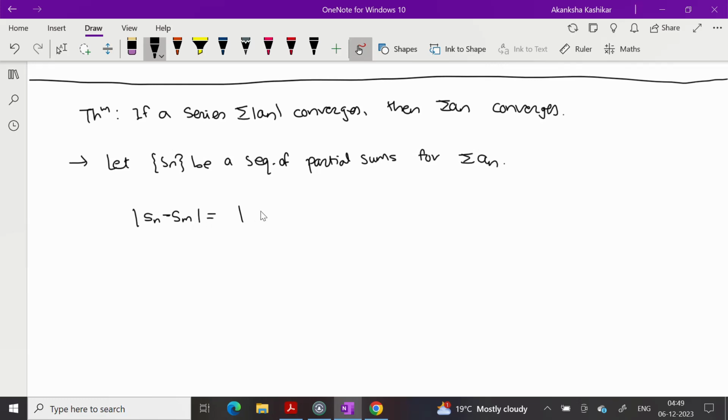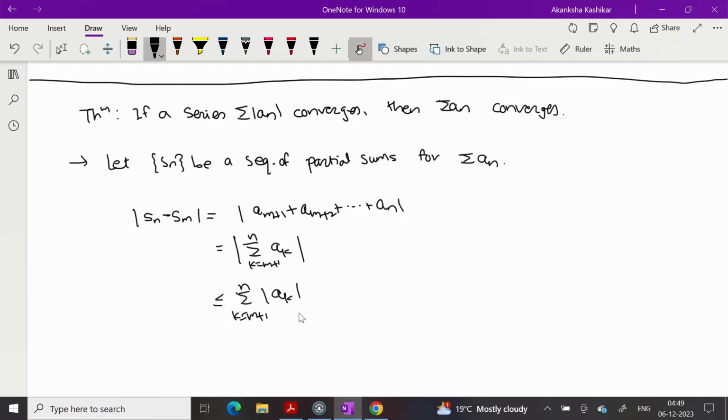This will be equal to am plus 1 plus am plus 2 plus up to an, which is the modulus of summation ak, k going from m plus 1 to n, and this is less than or equal to, by triangle inequality, summation mod ak, k going from m plus 1 to n.